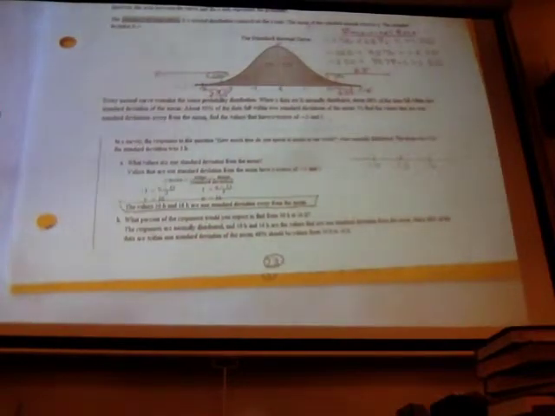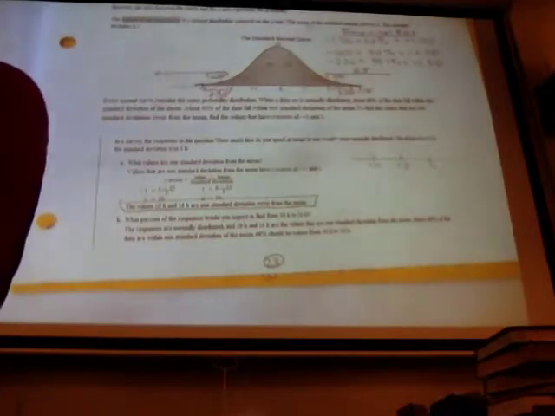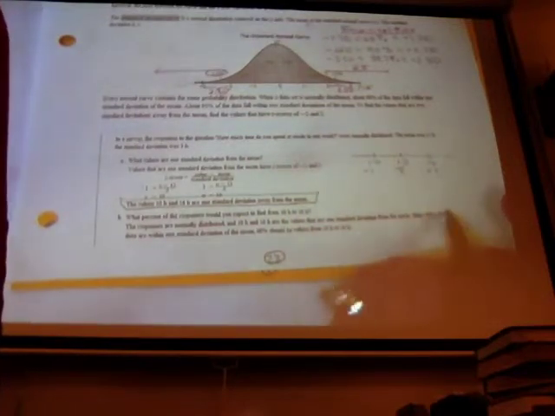How much of your data should be between that? 68%, right? 34 and 34. Because this is a -1 standard deviation, this is a +1. This is your mean. What percent of the responses would you expect to find between 10 and 16? What does it say? 68%. Okay? Questions? Pretty logical right now.